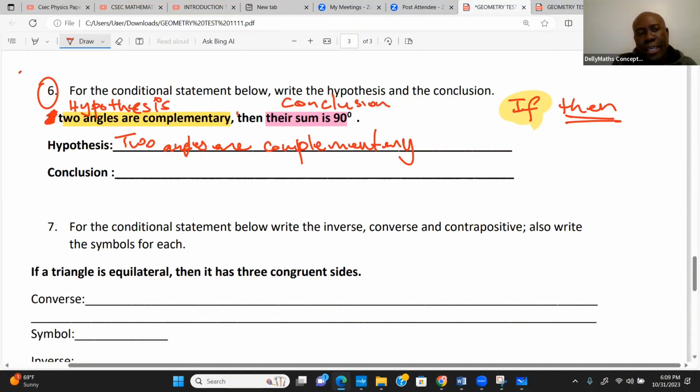It simply is the phrase that comes immediately before it. So whenever you have an if-then statement, the phrase that comes immediately after the if is the hypothesis, and the phrase that comes immediately after the then is the conclusion.